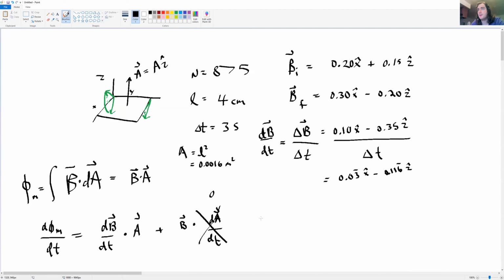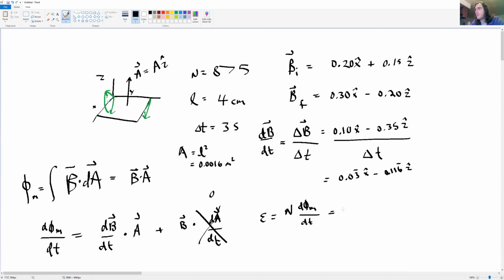Are we looking for the rate of change of the flux? Oh no, we're looking for the magnitude of the induced EMF. Okay. So the EMF is going to be N times d phi m dt.